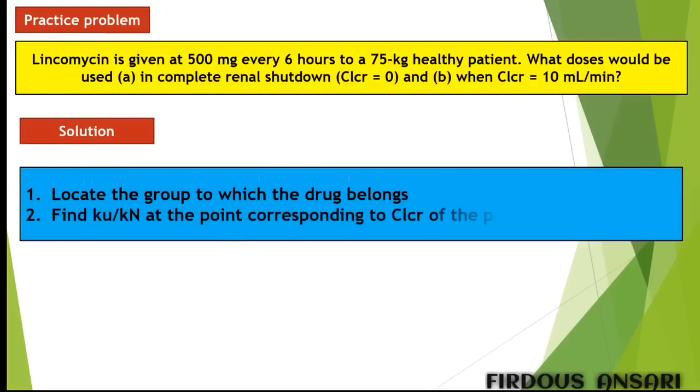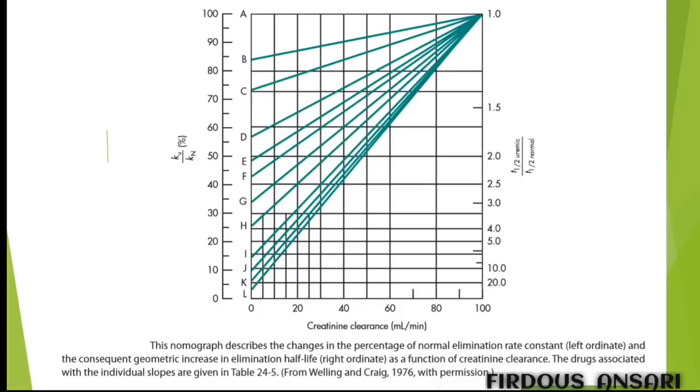The next step is to find Ku divided by Kn at the point corresponding to the creatinine clearance of the patient. You can see the creatinine clearance provided in the problem. First, the creatinine clearance is 0, and in the second part it is 10 ml per minute. So we have this nomogram. On the x-axis you can see creatinine clearance.